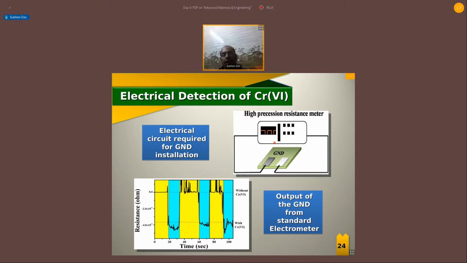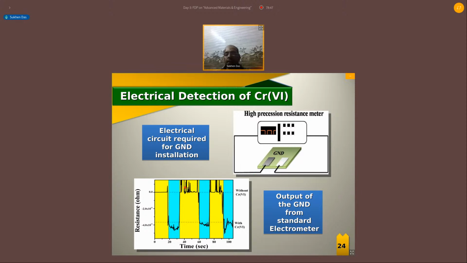Now, if we put this thin film in the chromium containing water, in this graph you can easily see, initially this is without any chromium contamination, and this is with chromium contamination. So when there is no chromium contamination in the water, the resistance will be very, very high.